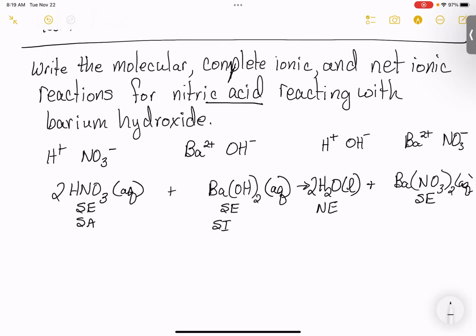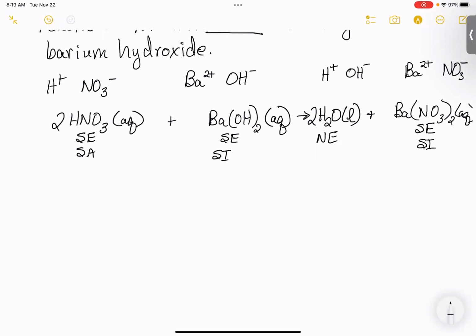It has nitrate in it, which makes it what? I think I heard it. It's a soluble ionic. Okay, so we only break apart strong electrolytes as we go into the complete ionic reaction.